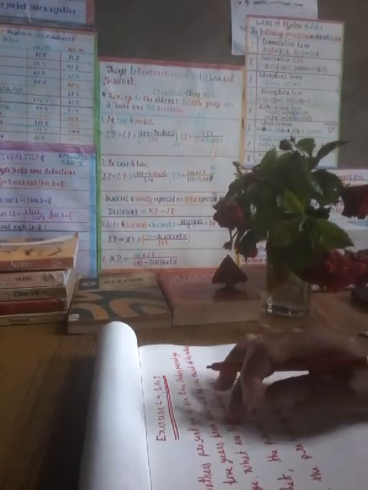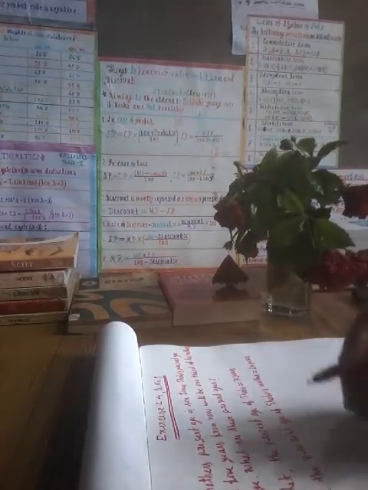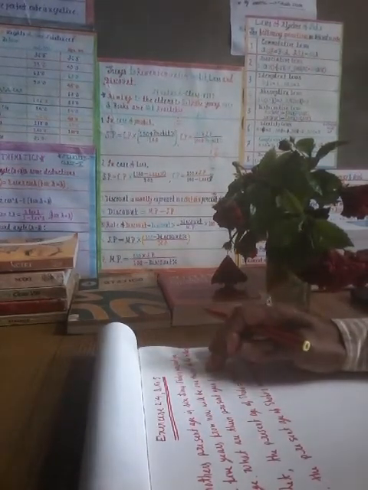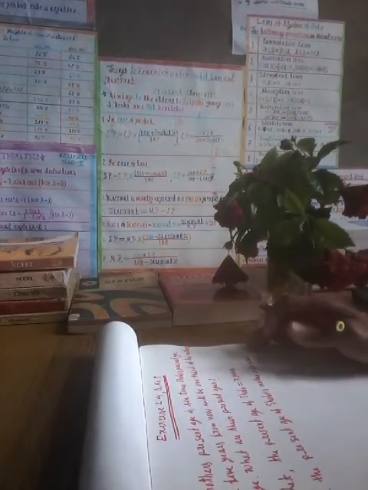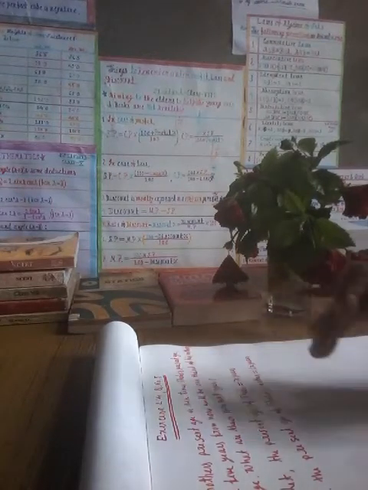Now keep attention to the second part of the question, from which we are going to form the linear equation and from which we will find out the value of x.